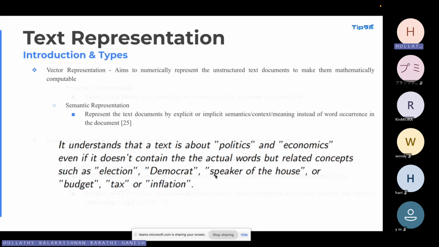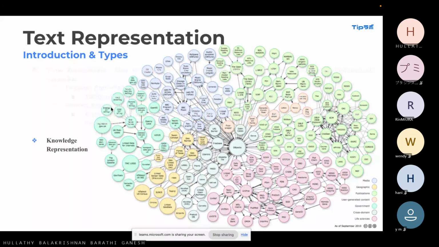So economics is discussed in some political debate or political platform, and politics and economics have somewhat semantic relations. These are the other terms which connect these two domains. So how to capture that semantics? Some methods are there to do that, and those methods come under semantic representation.